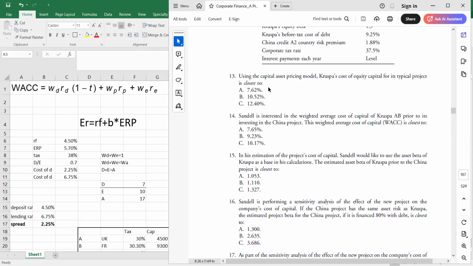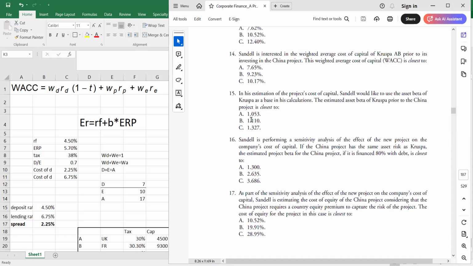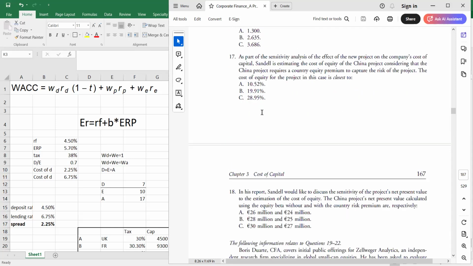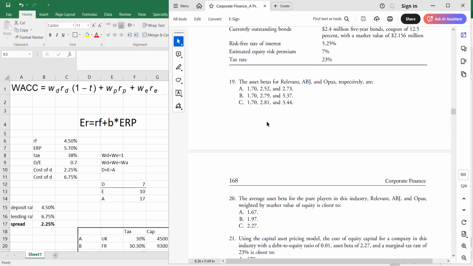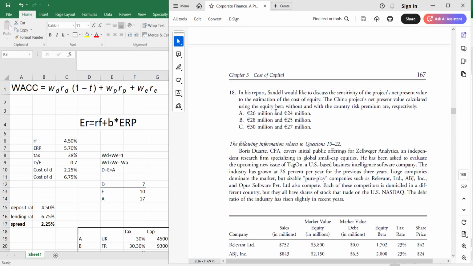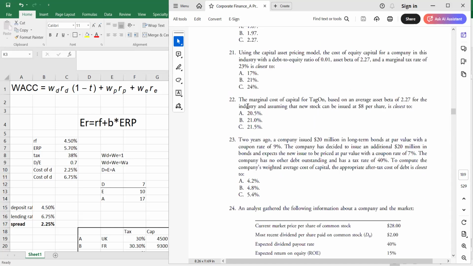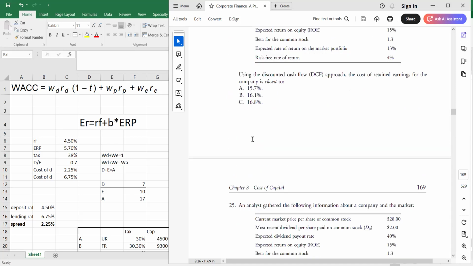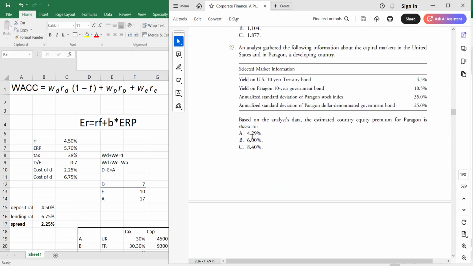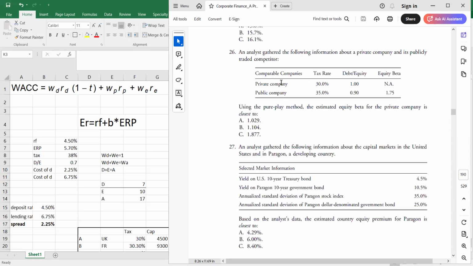This is like could be solved. This one, the asset beta relevant, it could be solved too. How many questions they have here? 27. More or less all of them are the same. Like comparable companies using the pure play method, calculate equity beta for the private company.